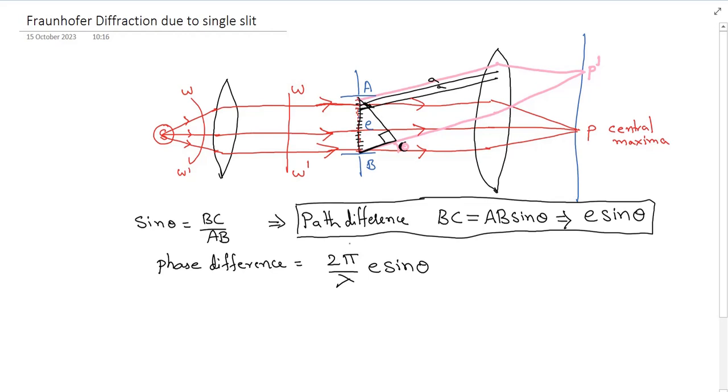So the phase difference between any two consecutive waves from these parts would be 1 by n into the total phase. What is the total phase difference we have? 2 pi by lambda into e sin theta. Let us say this is equivalent to d.